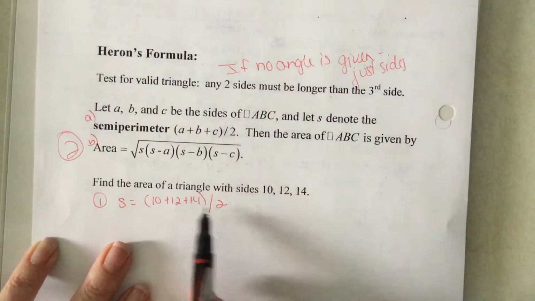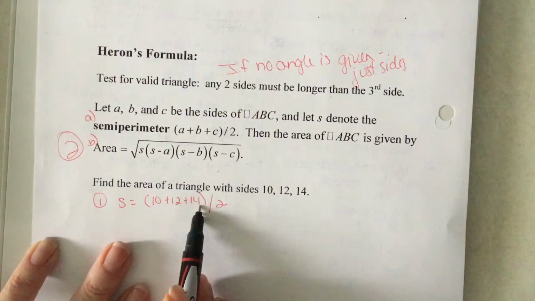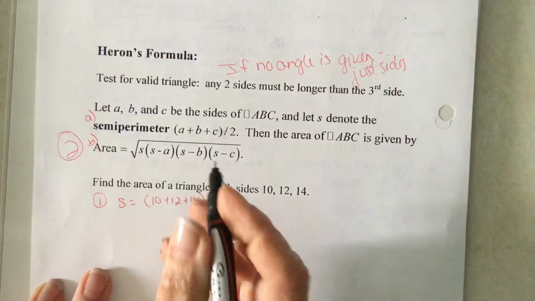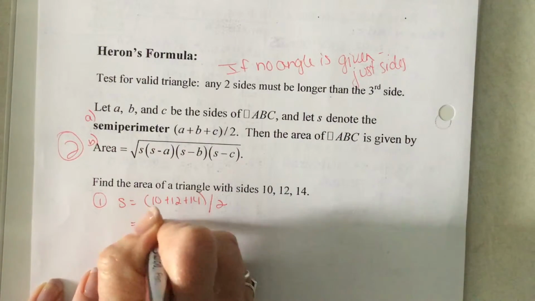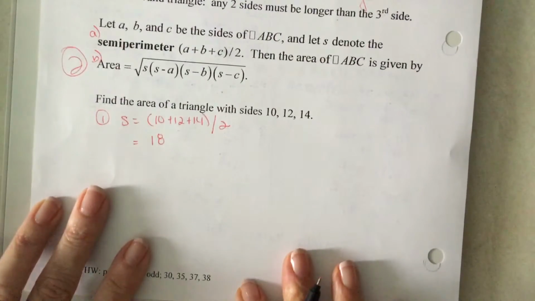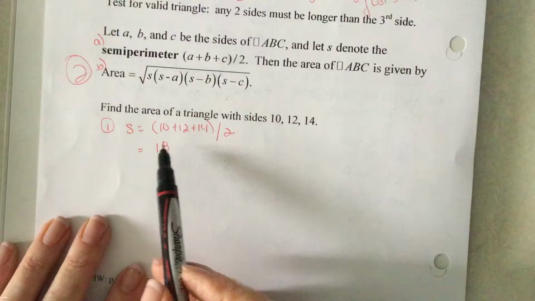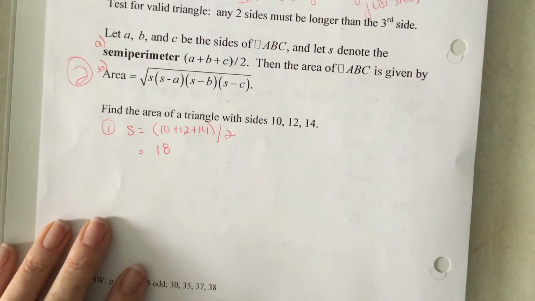Otherwise, it will only take 14 and divide it by 2. So you have to take 10 plus 12 plus 14, all in parentheses, and divide it by 2. And you should get 18. If you do not get 18, double check to make sure you have your parentheses. Okay?